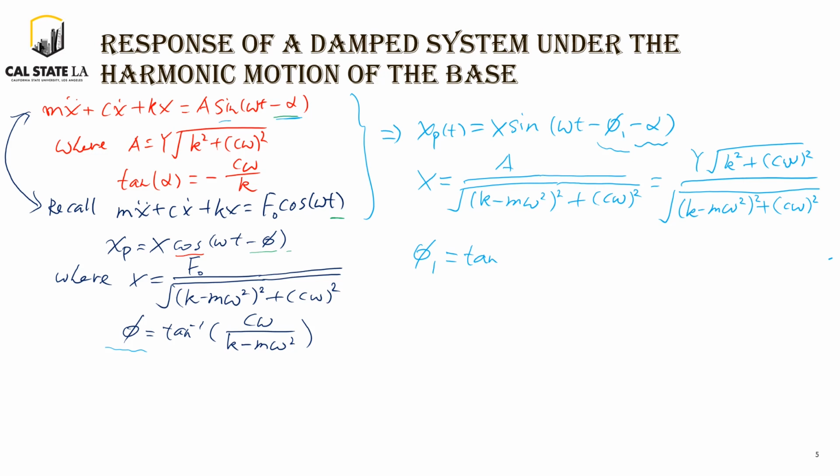That's something I forgot to change. So xp(t) is equal to X times sine omega t minus phi 1 minus alpha. And phi 1 should have the same form, which is the inverse tangent of c omega over k minus m omega squared.